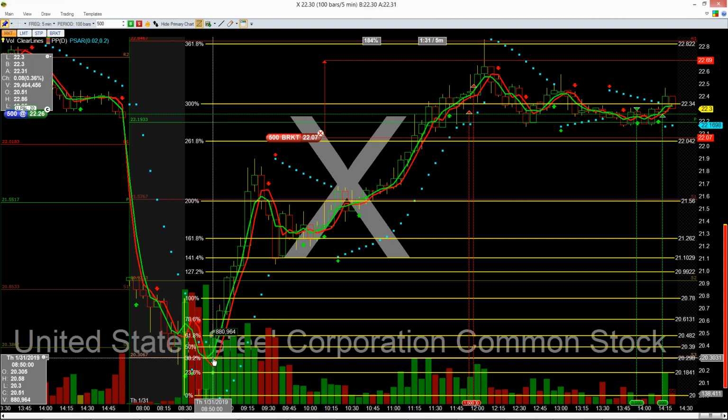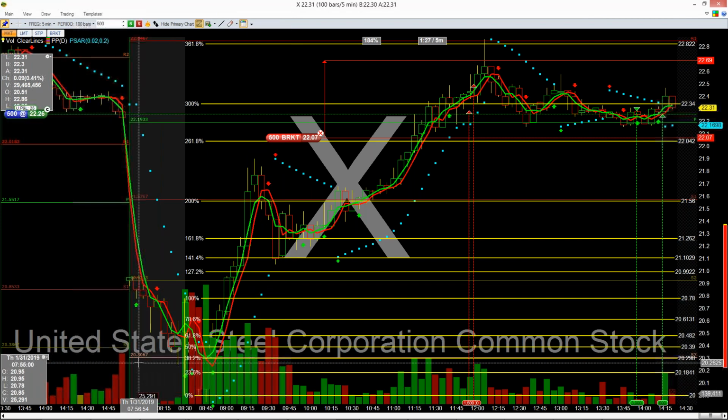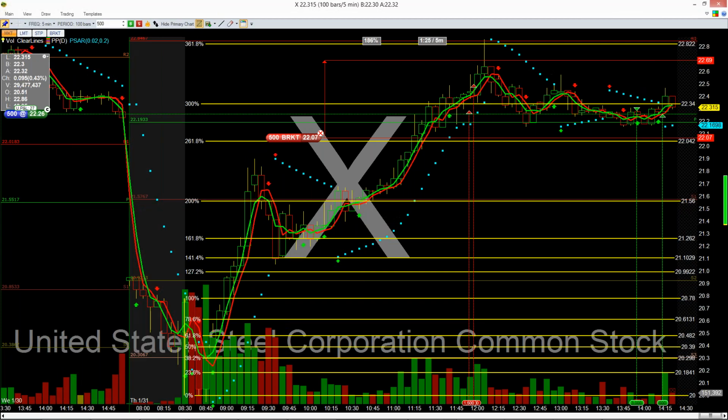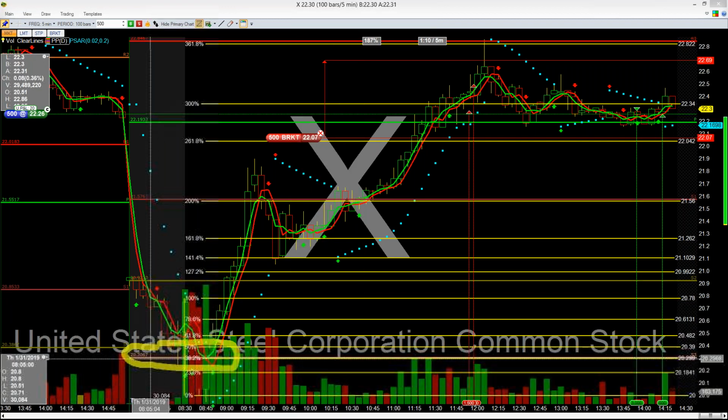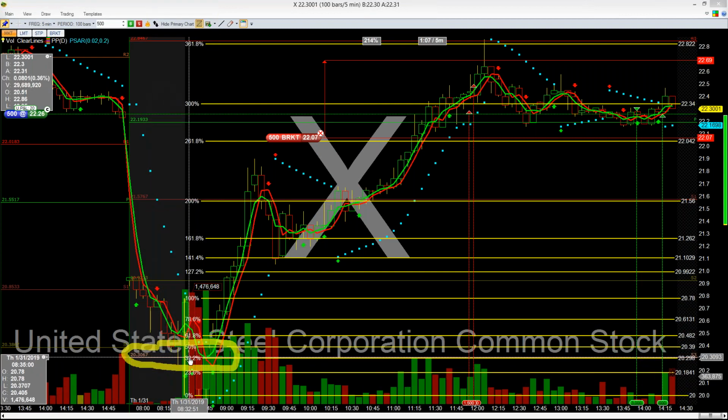You were technically at the 382, and you were at S3. Let me circle these so you can see them. Here's kind of a confluence. You had a confluence of support 3 and the 382 of the first 15-minute.